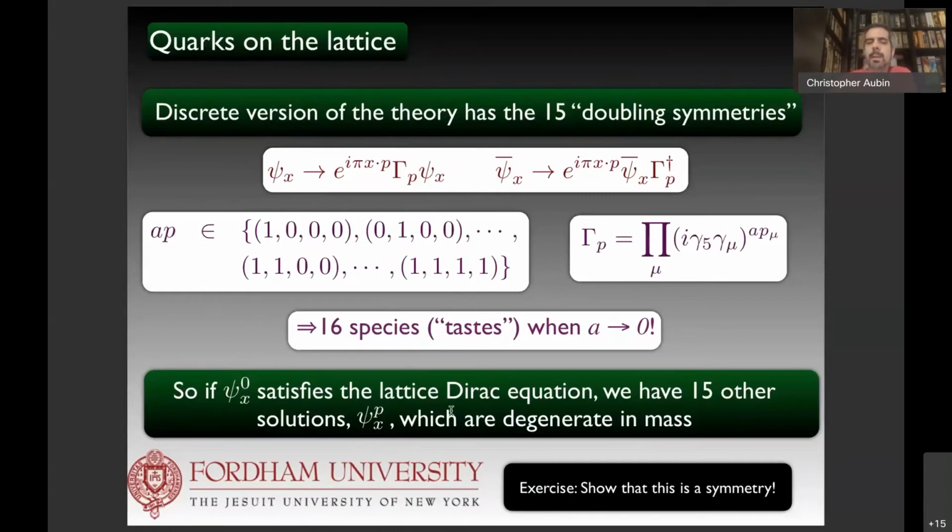Another little exercise for you is to take those gamma matrices that I plugged in and plug them into our discrete lattice action, which I'm going to put up on the next slide.